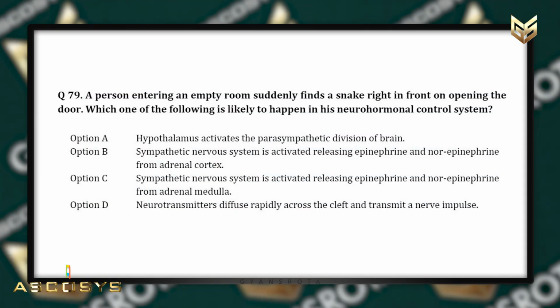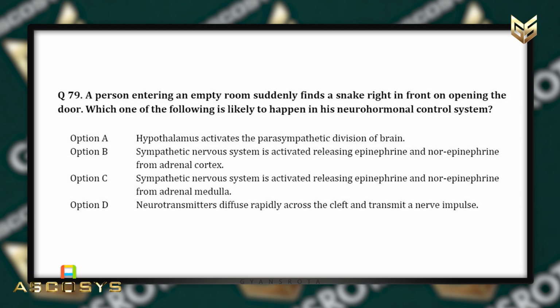A person entering an empty room suddenly finds a snake right in front of him on opening the door. Which one of the following is likely to happen in his neurohormonal control system? Option number A, hypothalamus activates the parasympathetic divisions of brain.